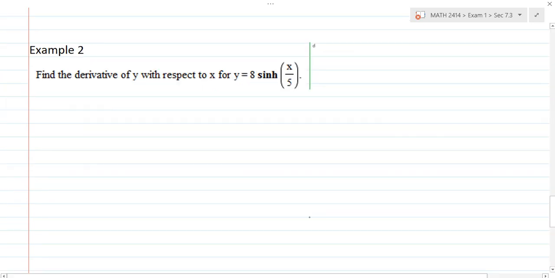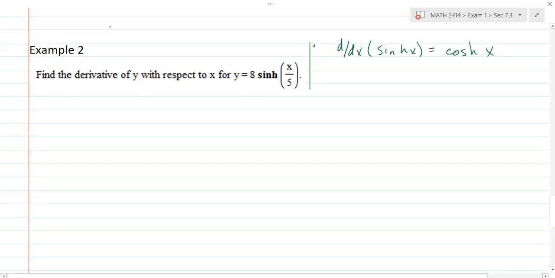Example 2, we're asked to find the derivative of y with respect to x for y equals 8 hyperbolic sine x over 5. Just so we don't have to go back and look at it, I'm going to write down the derivative for hyperbolic sine. The derivative with respect to x of the hyperbolic sine of x is equal to the hyperbolic cosine of x.